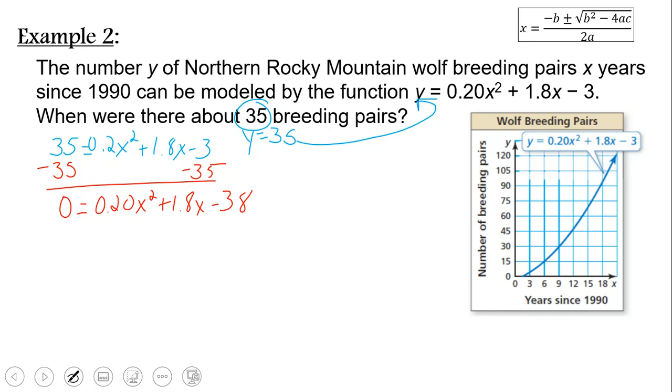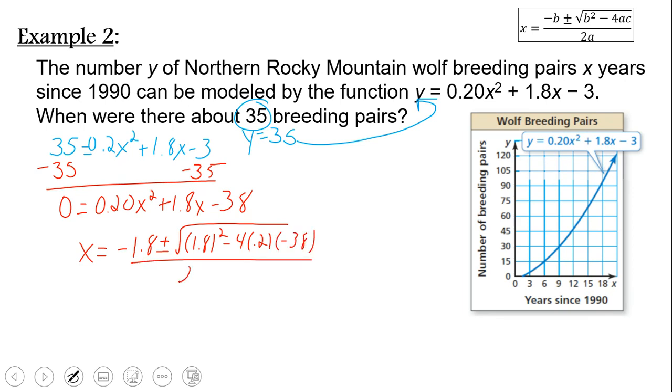Let's run our quadratic formula. x equals opposite of b, so negative 1.8 plus or minus the square root of 1.8 squared minus 4 times 0.2 times negative 38, all over 2a, so all over 2 times 0.2.